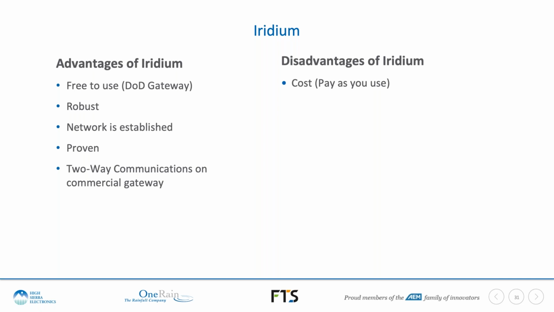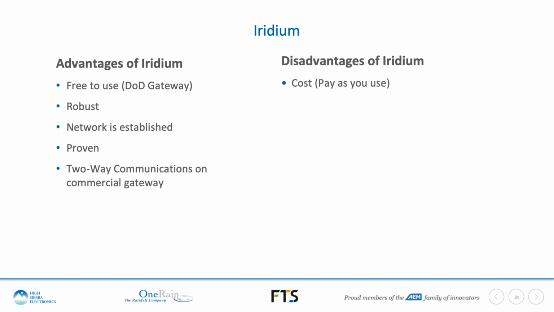Some of the advantages and disadvantages of Iridium. Again, in some cases, I threw up here the DoD gateway, which represents Department of Defense. And if you have access to the Department of Defense gateway, transmitting through that can be free in a lot of cases. Iridium is extremely robust and reliable.